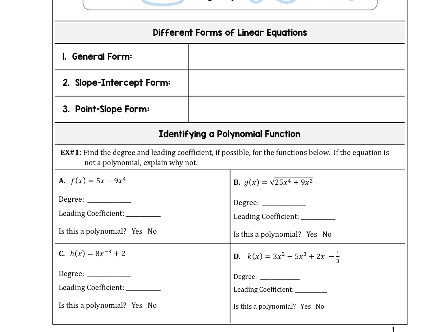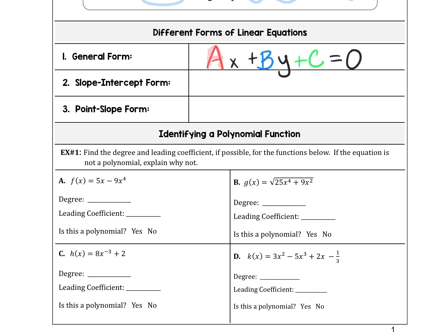So let's talk about different forms of specifically linear equations. One is the general form, ax plus by plus c equals 0. So just like standard form of a quadratic, we have it set equal to 0.